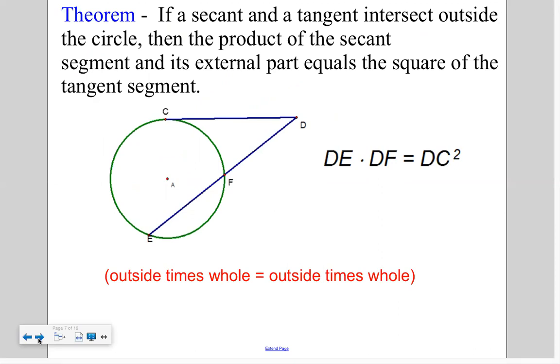It's essentially the same thing. It's still outside times whole. It's just that the outside and the whole are the same thing when you have a tangent line. Okay, this segment DC is both the outside and the whole segment length. That's why it ends up being DC's length squared. Good. So if you do have a tangent line, use the same idea, outside times whole. You're just going to be having a squared number because it's the same length.